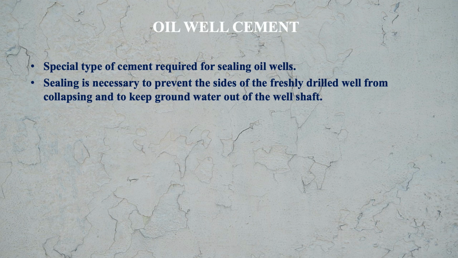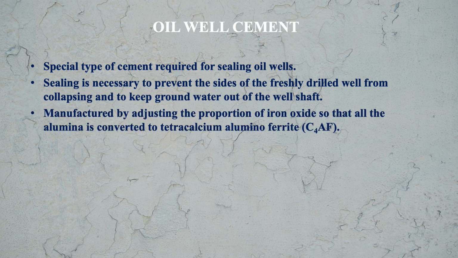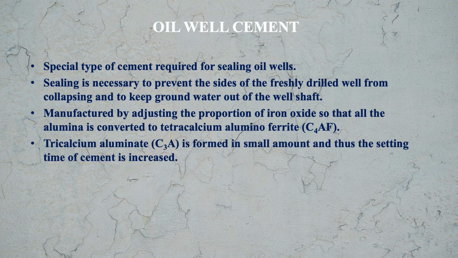Oil well cement is manufactured by adjusting the proportion of iron oxide so that all the alumina is converted to tetracalcium aluminoferrite, C4AF. Tricalcium aluminate, C3A, is formed in a small amount, and thus the setting time of the cement is increased.